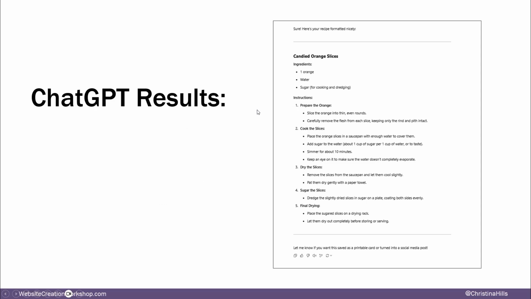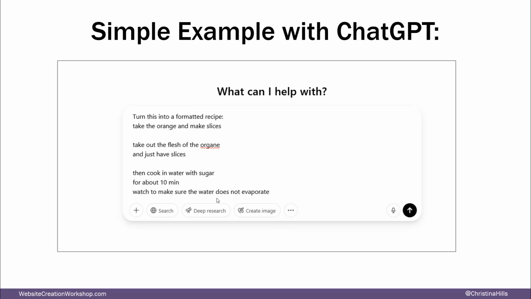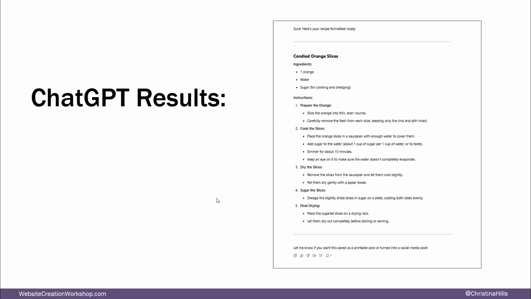And then this is what it came up with. So candied orange slices, it formatted it really nicely, and I put it on my Christina's Recipes website. So going from this to this was a big time saver. Like it put the steps in and it did the indenting and it made it really nice.